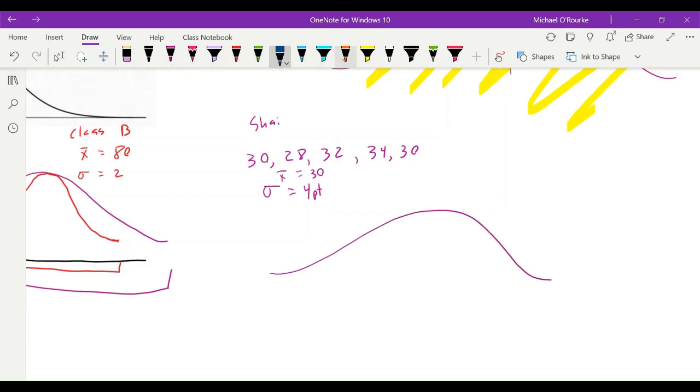But then I had player B, let's call him Kyrie, who would score 30, then he scored 40, then he scored 20, he scored 15, he scored 45, et cetera. Let's say they both have a mean of 30, but his standard deviation is 8 points.